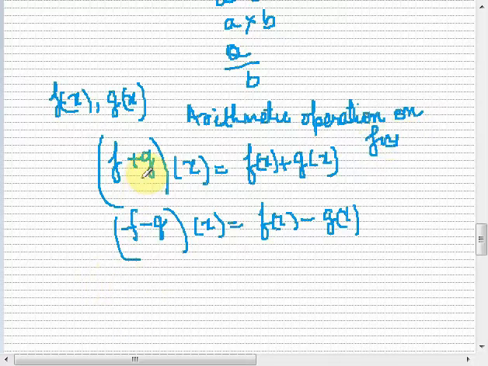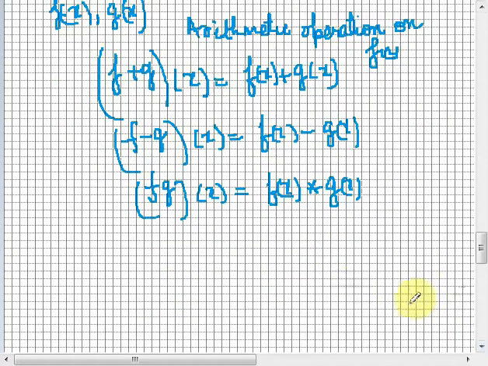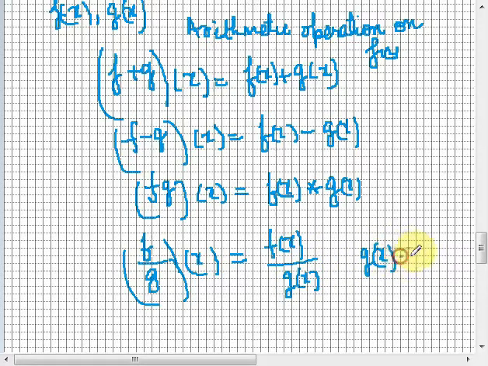So these are addition, subtraction, multiplication, then division. Our g(x) cannot be 0 because it is coming in the denominator.